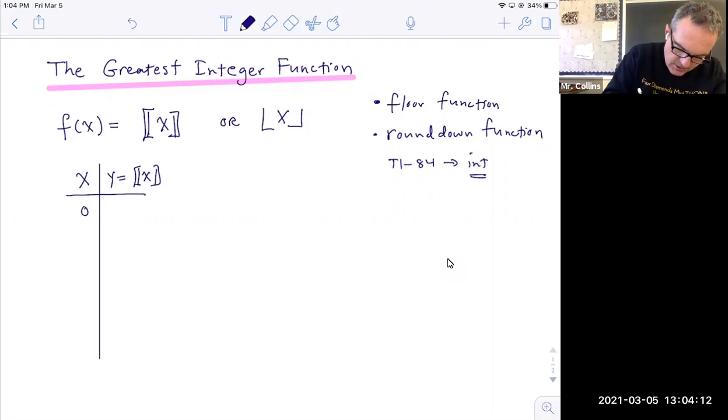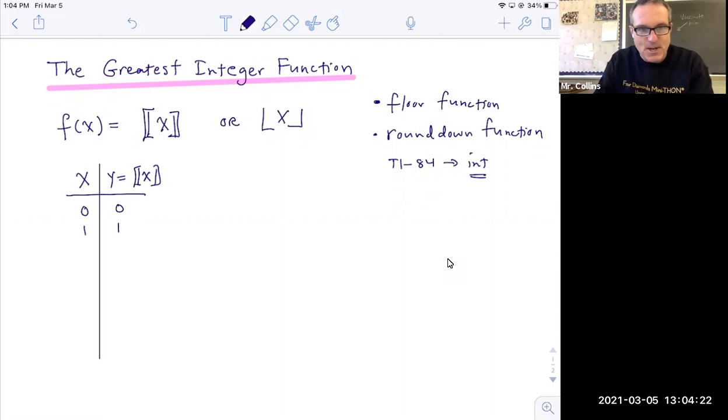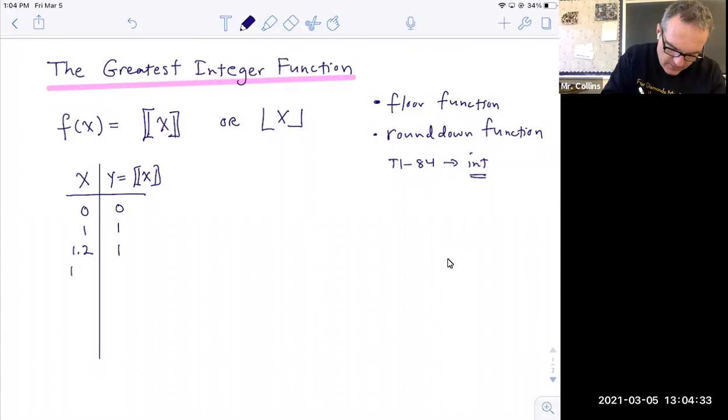In other words, 0 rounds down to 0, and 1 rounds to 1. But the function is a little bit interesting when you have a non-integer. For instance, 1.2 would round down to 1. 1.4 would round down to 1.